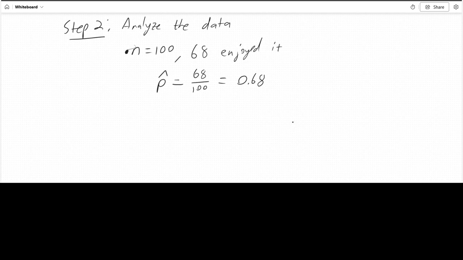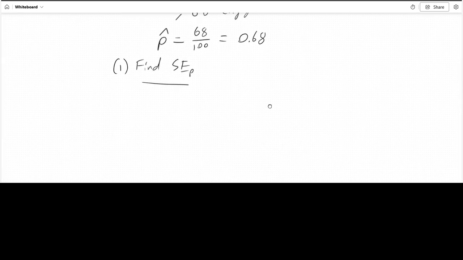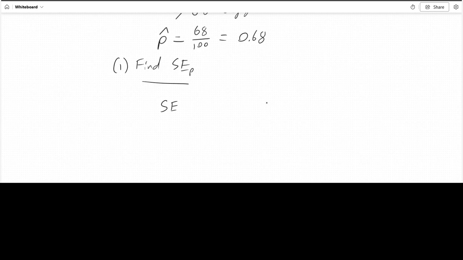So in this analysis, we have two steps. One is we find the standard error of a proportion. And we know that this formula is SE_P equals the square root of P(1 minus P) all over N. That's given to you in the notes.